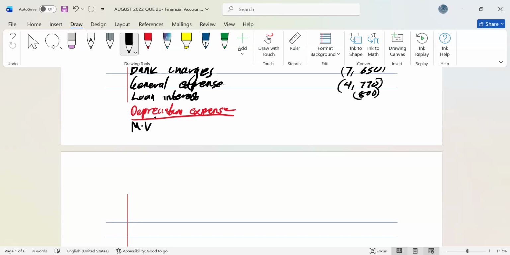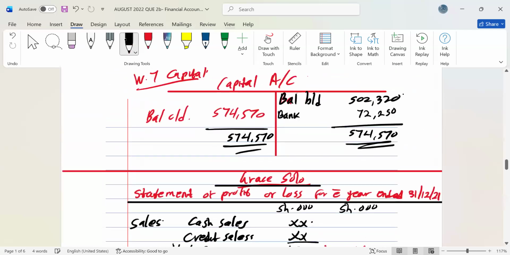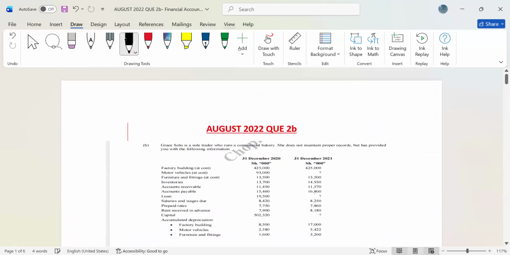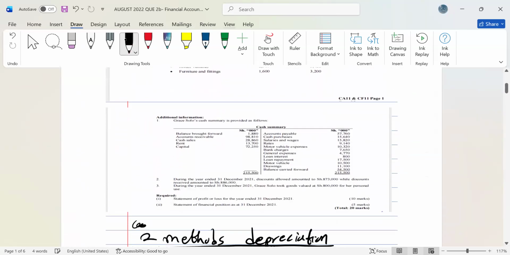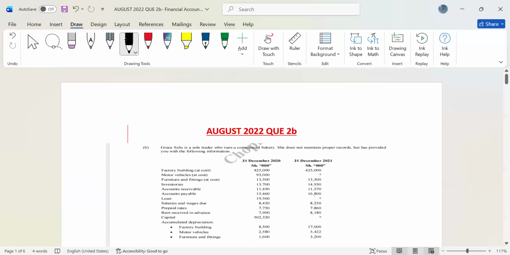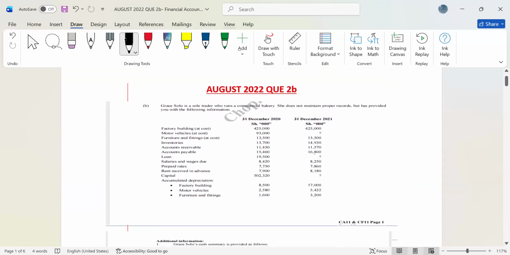Motor vehicle. If you go to motor vehicle pale kwa balances zetu, you will realize that hapo kwa question, accumulated depreciation, we have got the one for 2020, it is 2580, and the one for 2021 is 5422.